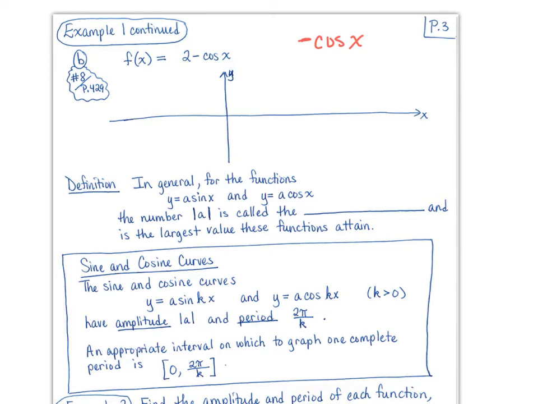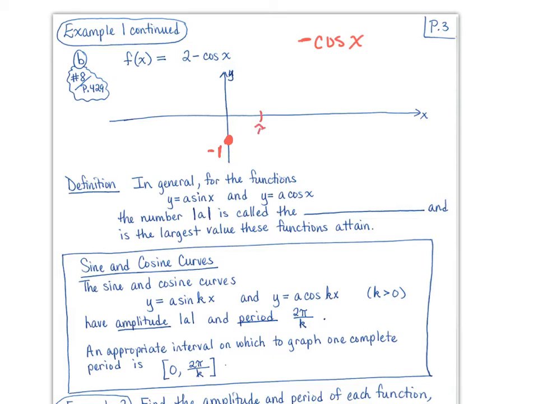Remember what your values are. So we can start by plotting points. What is cosine of 0? 1. But remember you have a negative out here. So that's -1. So that means we have that there.